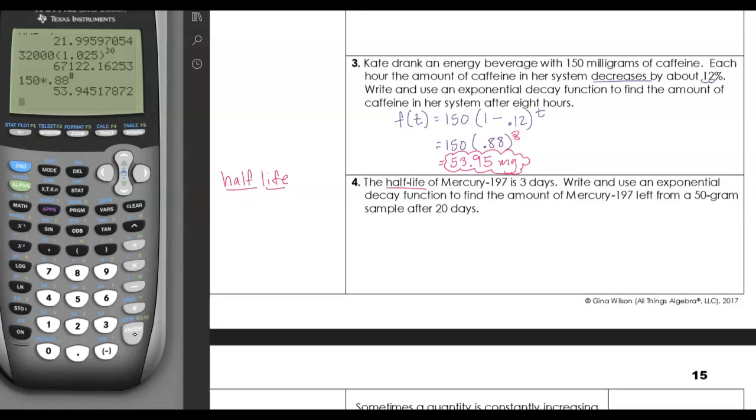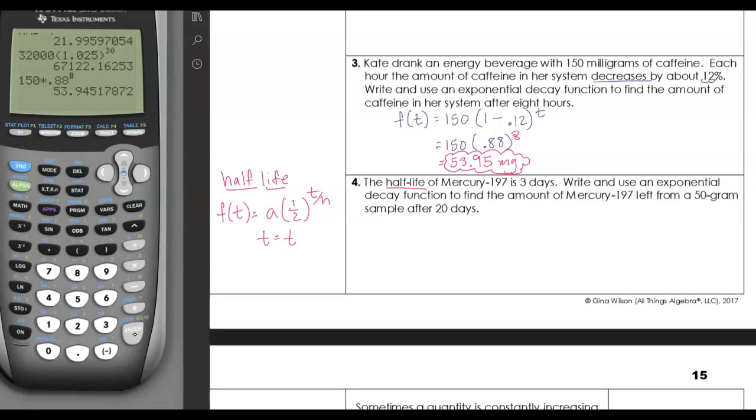Instead of using the one that we used up above, half-life has a special function that we use that has the initial amount still, but it's still 1 minus our rate. And our rate for a half-life is always a half. So 1 minus a half is a half. So this number is always going to be 1/2 every time it refers to half-life. Also, the t that is in the exponent, we divide by the half-life.